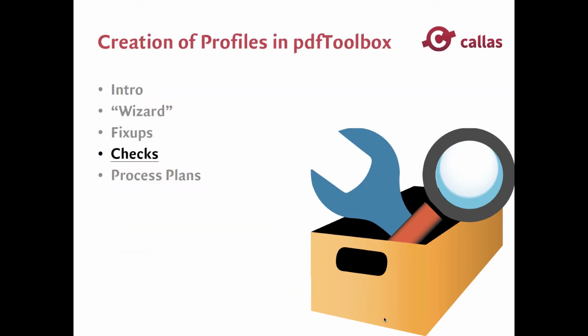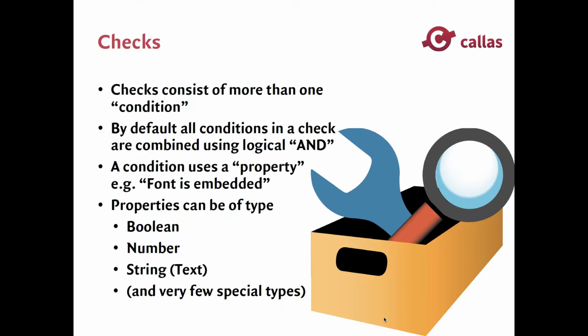What we want to have a look into next are checks. And checks, again, are similar to fix-ups. They are being set up, but the mechanics is a little different. Checks consist of more than one condition, what we call a condition. And all conditions in a check are combined with a logical AND.